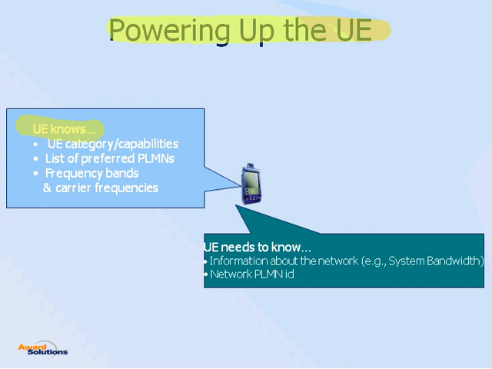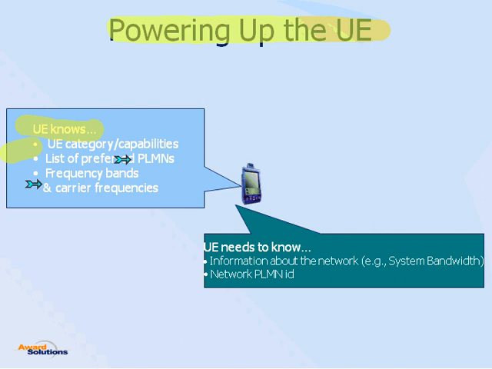Every UE knows its own capabilities, and what kind of PLMNs, public land mobile networks. For example, if it's a Verizon subscriber, the PLMN would be Verizon PLMN. If it is an AT&T subscriber, AT&T PLMN would be the preferred one, something like that. Of course, the UE knows what frequency bands it is able to support.